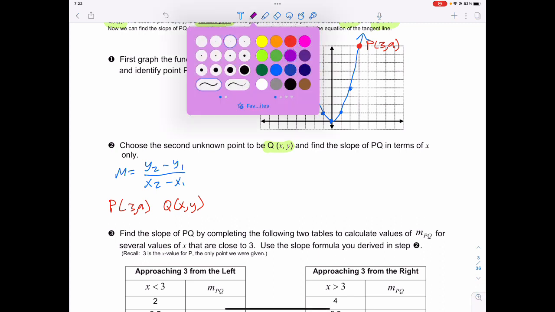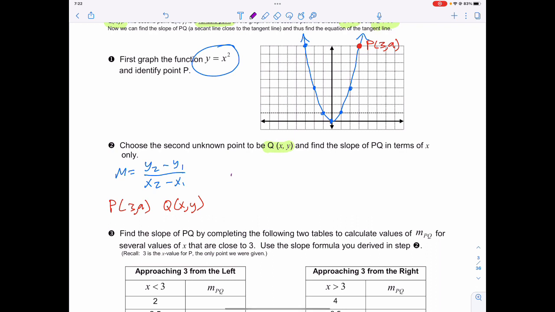Then I'm going to state that my slope, which is y minus 9 over x minus 3, is my starting point.